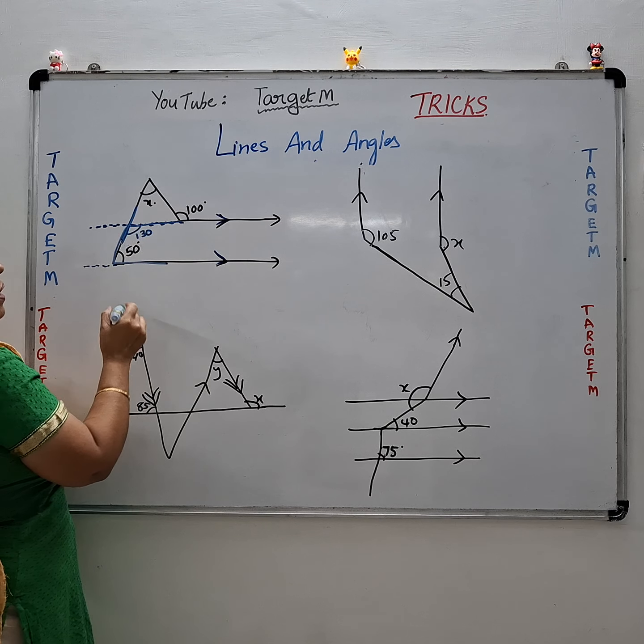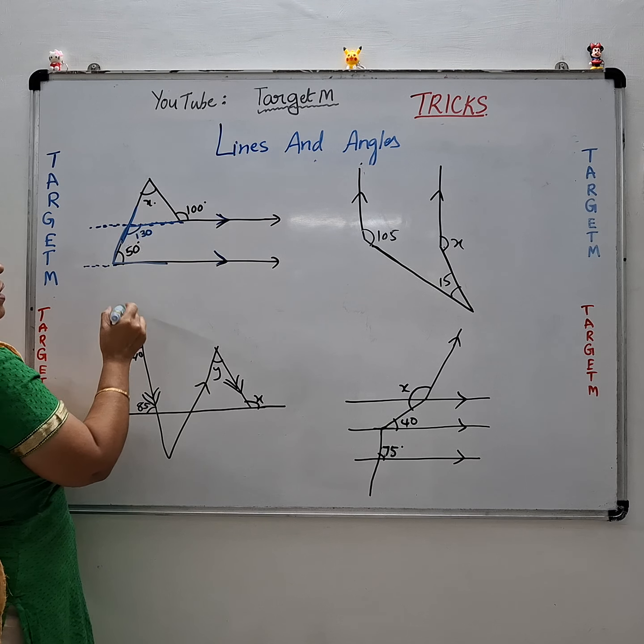Okay. So now, can you see a Z shape here? Clearly you can see this is a Z shape. So whenever you see two parallel lines cut by a transversal in a Z shape, therefore here this also will be 105 degrees. Correct? Finished.